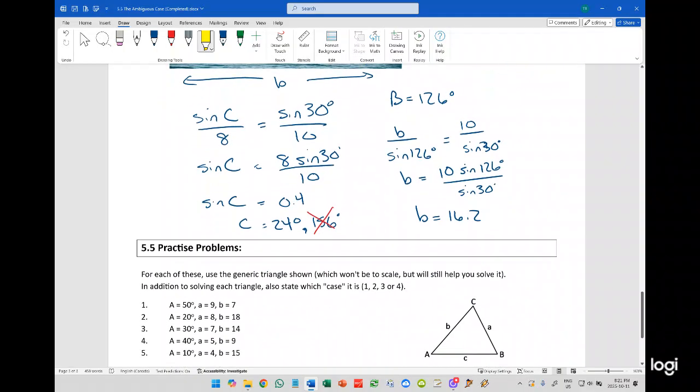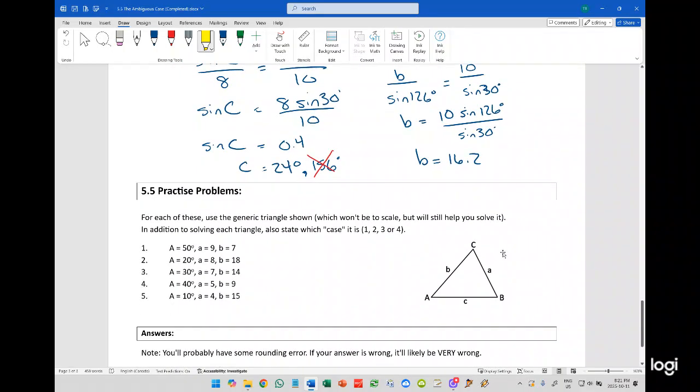All right, so I have given you a few of the questions here. I've just given them to you without a diagram. Part of the thing is if you're given a diagram, usually you can determine which of the two triangles it might be if there are two. I just want to remind you here that the way that these are given, it's the A and the A that are the problem.